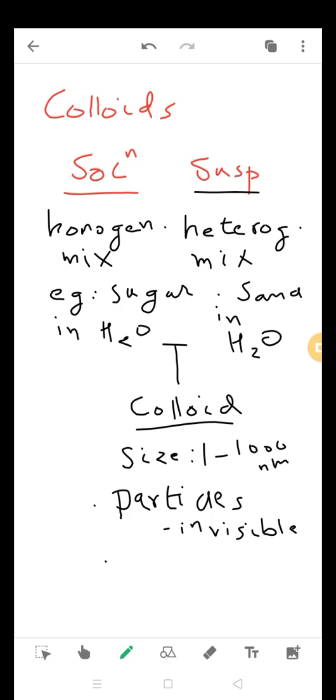The second characteristic is that they remain suspended. They don't fall as precipitates.